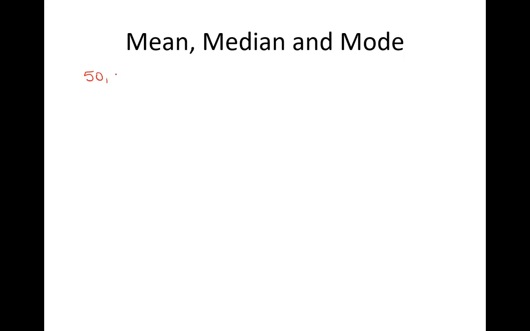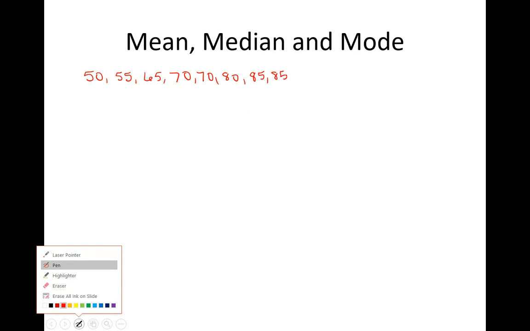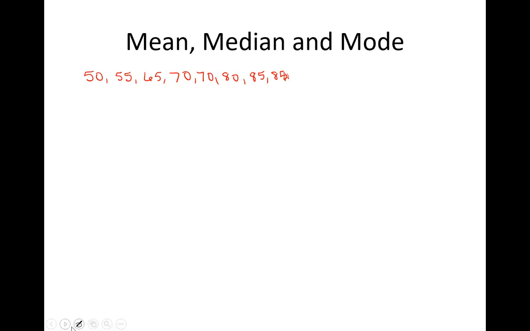50, I'm going to put them in order. 55, 65, 70, 70, 80, 85, 85. I'm going to add another 70 down in here. Let me see. Change it just a little bit. Whoops.